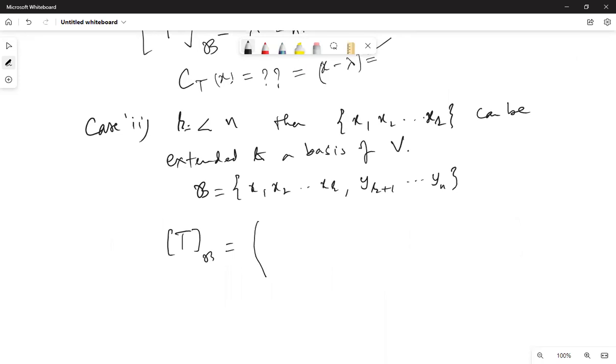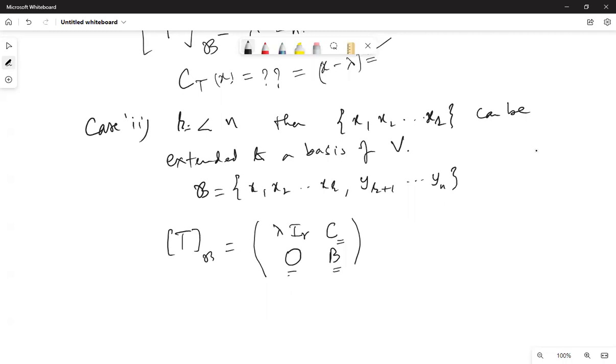This is lambda times I_r, and certainly 0 here. This is some matrix C, this is some matrix B. This is a block matrix. These blocks are suitable matrices. This is r by r.